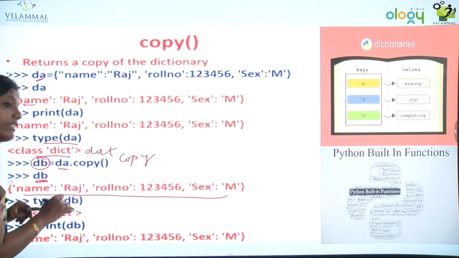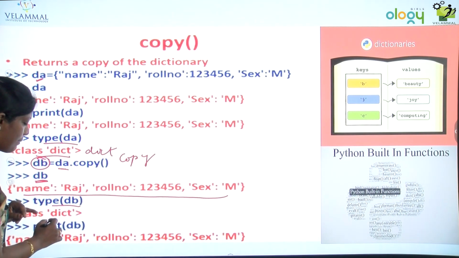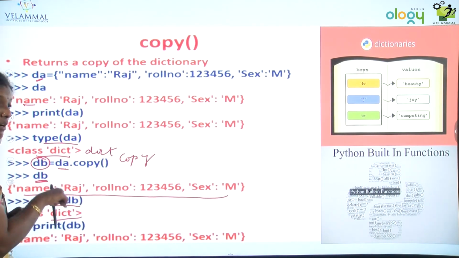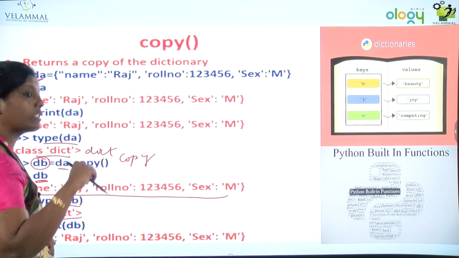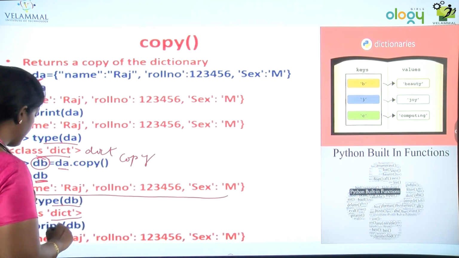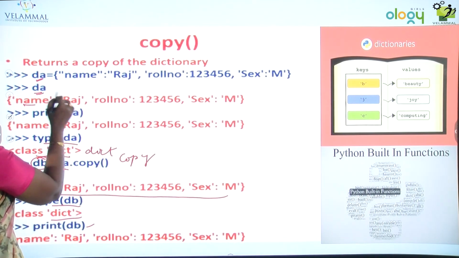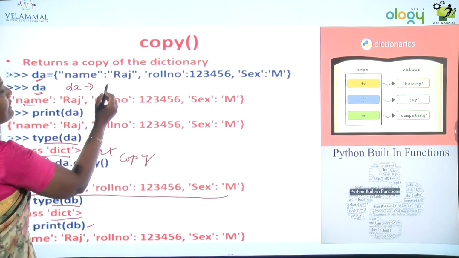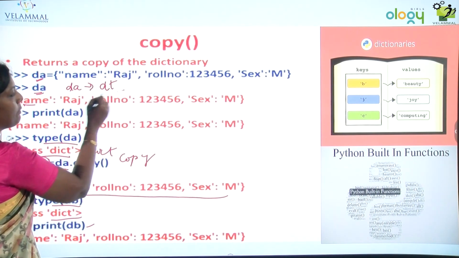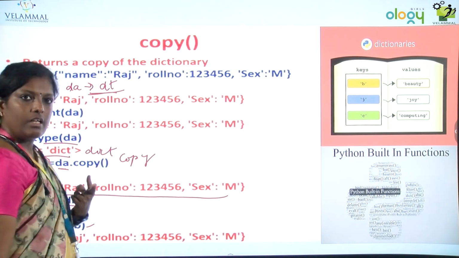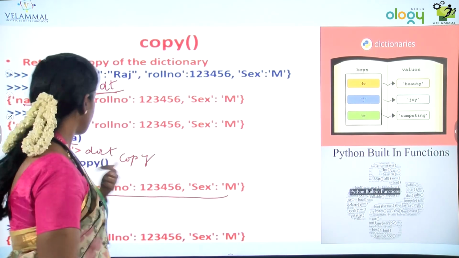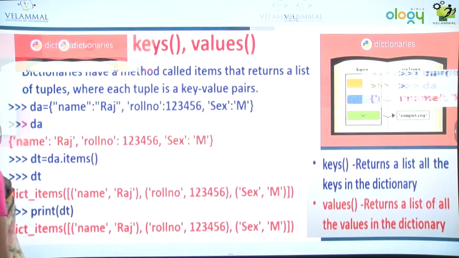Now check what db is. When you type check this db, it says that it's a dictionary now. Before it was a variable, now it is a dictionary, right? Now you can print and see. This is how we can copy from da. All the elements have been copied to the new variable called db. Clear, children? Any doubt? Very good, right?